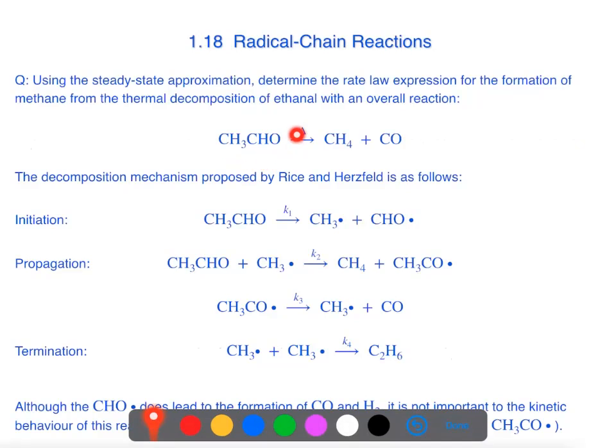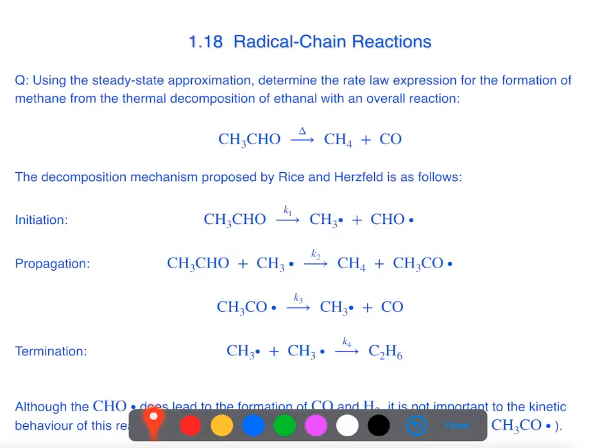Here we have ethanol, in the presence of heat, undergoing a thermal degradation or decomposition to give us methane and carbon monoxide. Now, the decomposition mechanism proposed by Rice and Hertzfeld is as follows. The initiation step: they began with ethanol, and in that initiation step, ethanol dissociated to give you a methyl radical and a CHO radical.